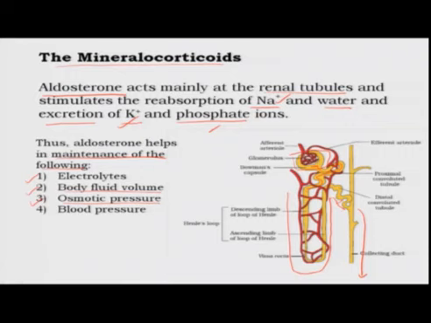If the water level changes, the concentration of solutes within the water will change, and this will affect the osmotic pressure. And therefore, it also affects the blood pressure because of all of these processes. So, therefore, it is a very important regulatory hormone which is important to maintain the physiological levels of water and ions in our body.